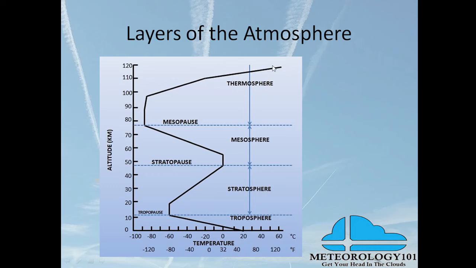And like we said, the exosphere is the outer part of that, which we don't even really concern ourselves with. The main thing we concern ourselves with is the troposphere, and a little bit of the stratosphere that you can get through the tropopause with overshooting tops. You can reach up to about 60,000 feet, or just over 60,000 feet, with a thunderstorm's overshooting tops.